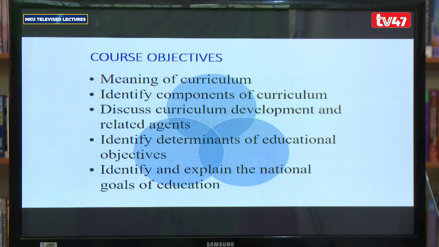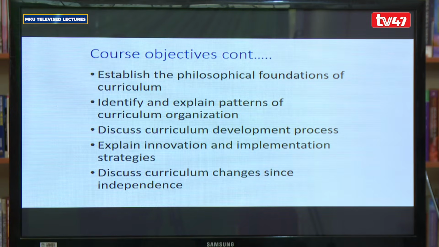Then we'll discuss the curriculum development process and the related agents to curriculum development. We'll move on to identify the determinants of educational objectives, and then we will identify and explain the national goals of education with regard to the curriculum development.